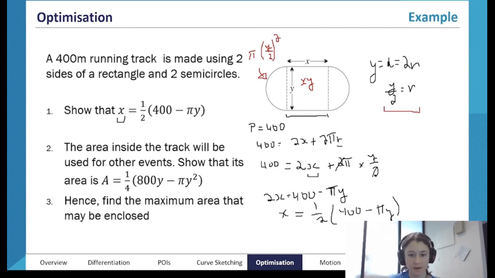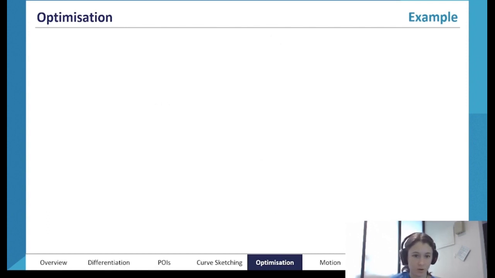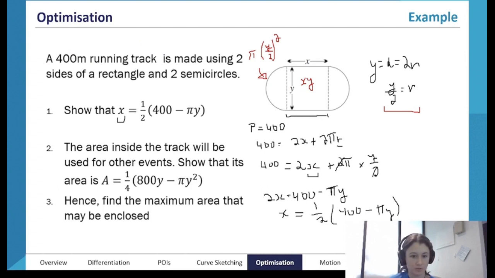So that means that our area, I'm just going to write this on the next slide, is going to be equal to xy plus pi outside of y over 2 squared. And now the format that it wants us to get is we have 1/4 at the front, and then we have a y squared in here.